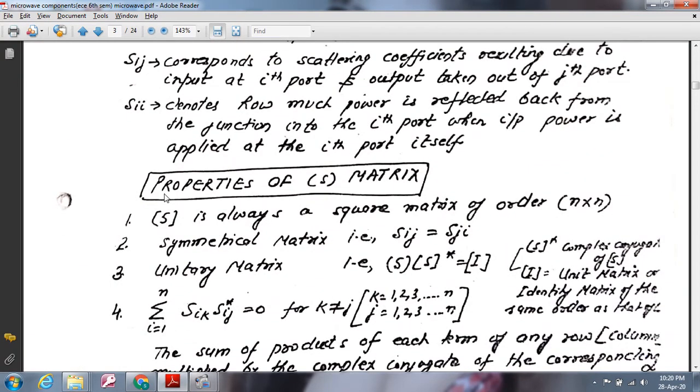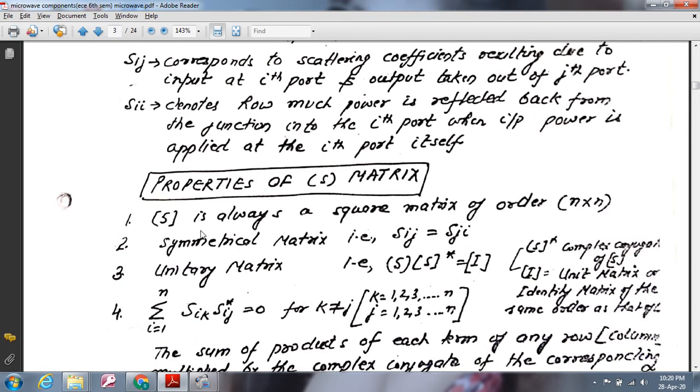This is the meaning of S of ii and S of ij. Now the next part is, what are the various properties of this S matrix. First property is, the S matrix is always a square matrix of order n by n. As I have already told you, if we consider 3 ports in a junction, then the possible combination will be 3 by 3, meaning the matrix will contain 9 elements, 3 rows 3 columns.